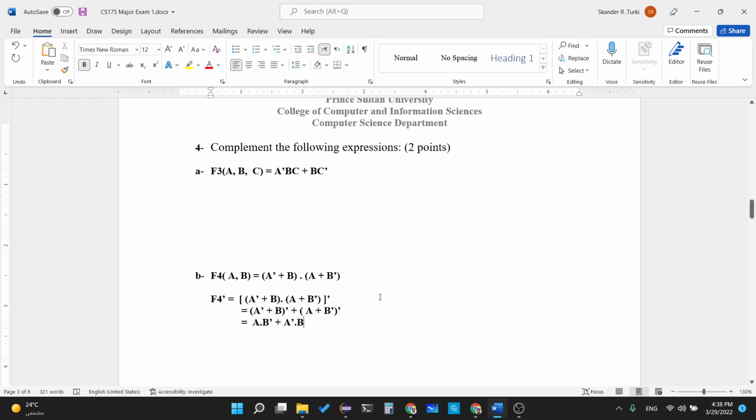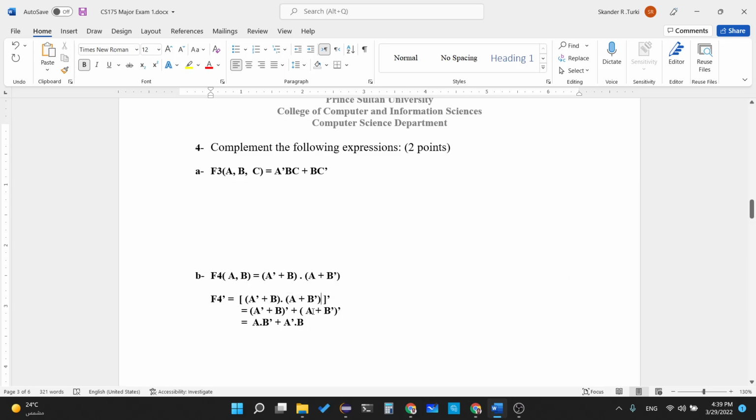Doctor, I have a question. If I write only the final answer in the exam without steps, is that okay? If you did it directly from here, you can do it by applying the duality rules. Like here you transform each A by A bar, each plus by and so on, and each AND by OR, you get the result.